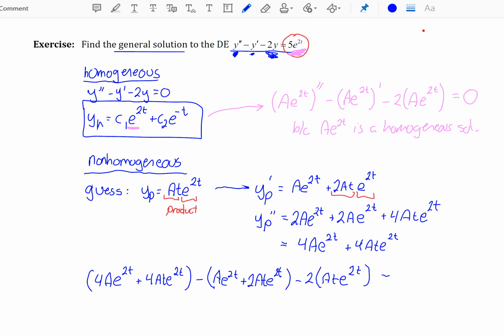And again, somehow this all has to equal 5e to the 2t. And it should for the appropriate choice of a.